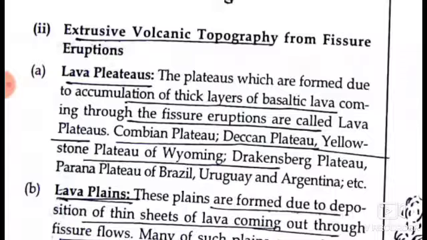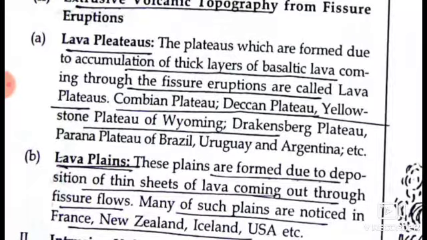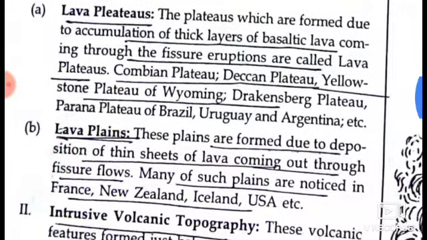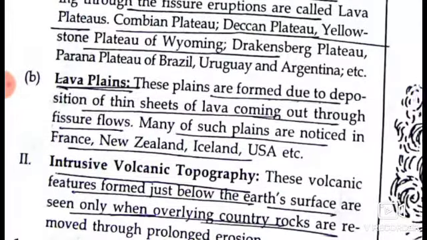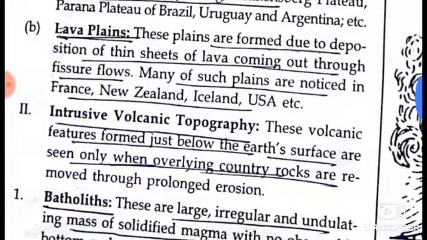Examples include the Deccan Plateau, the Yellowstone Plateau of Wyoming, and the Parana Plateau of Brazil, Uruguay and Argentina, etc. Lava flows: these are formed by deposition of thin sheets of lava coming out through fissure flows. Many such flows are noticed in France, New Zealand, Iceland, USA, etc.